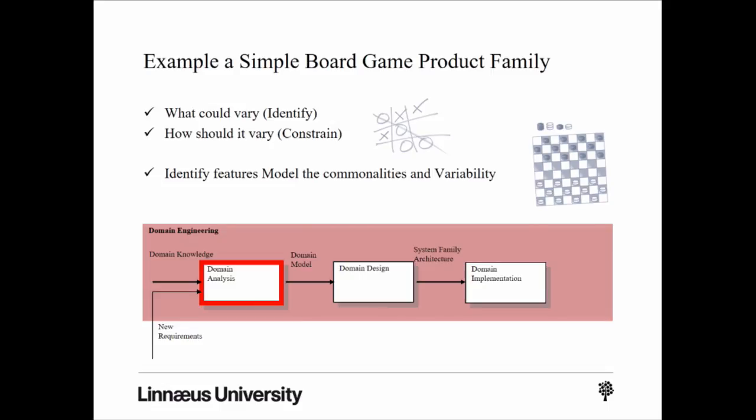Then we have some markers or chips or whatever, and they can be simple or they can be complex, because we can imagine a chess game here also as a board game. But you can see that when it comes to the board, the geometry can vary. It can be fixed geometry, or it can be a dynamic geometry.